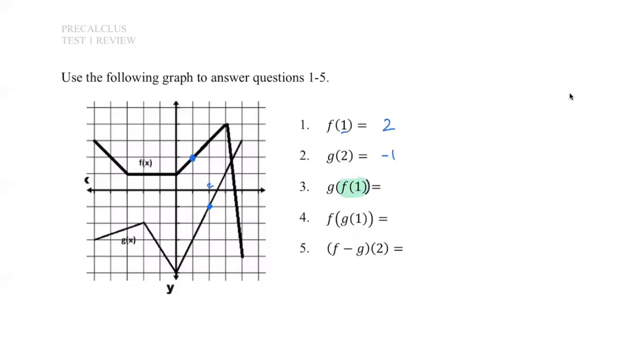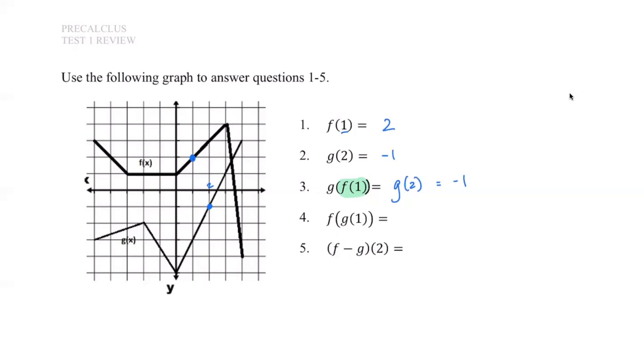And we do know what f of 1 is from question number 1. f of 1 is 2, so we can replace f of 1 with the number 2. So the question now that we have to deal with is, what is g of 2? And we learned from question number 2 that g of 2 is -1, so we're good.